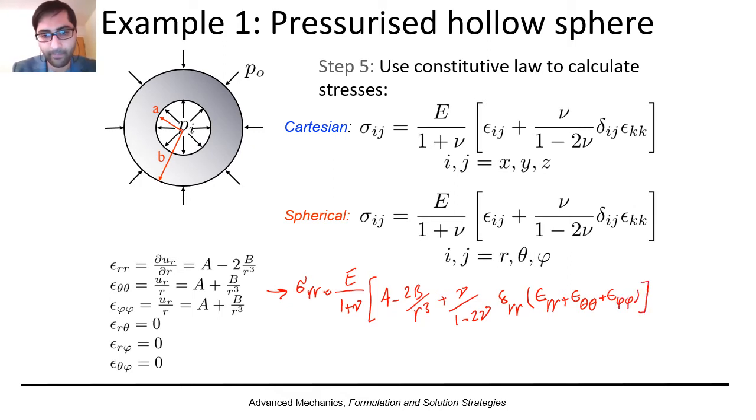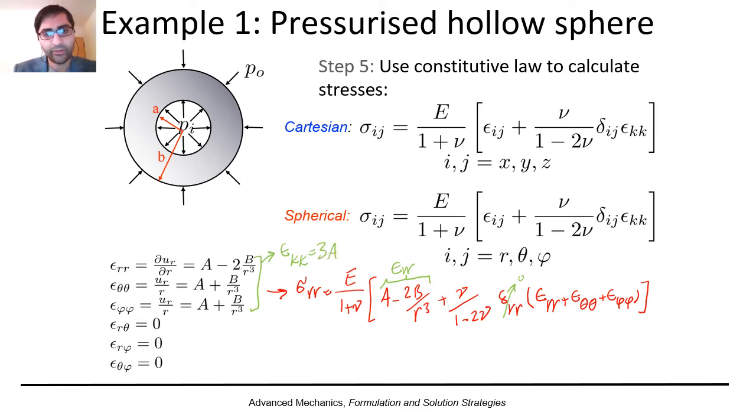Okay, this was epsilon rr. This is 1. And the trace of the strain tensor epsilon kk is basically 3a.